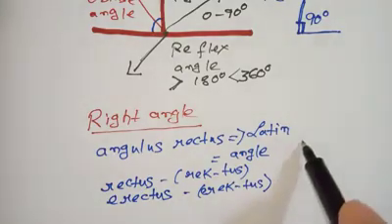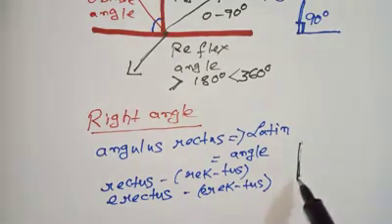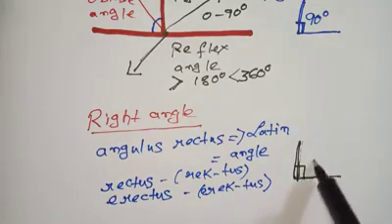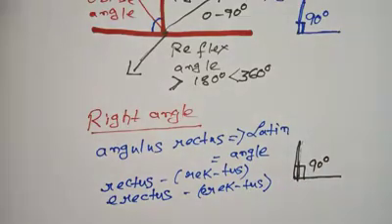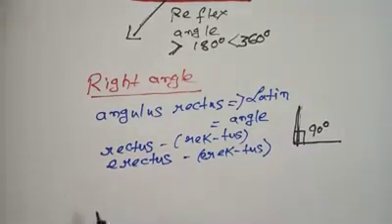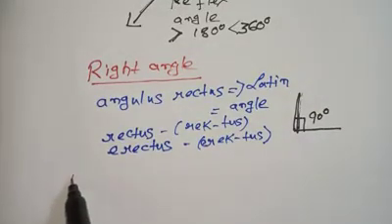Because this is erect, that is why the word right angle comes, and we denote this as 90 degrees. So this is the reason why we call it a right angle, and it originates from the Latin word rectus or erectus. Now let us come to the second part, which is the acute angle.